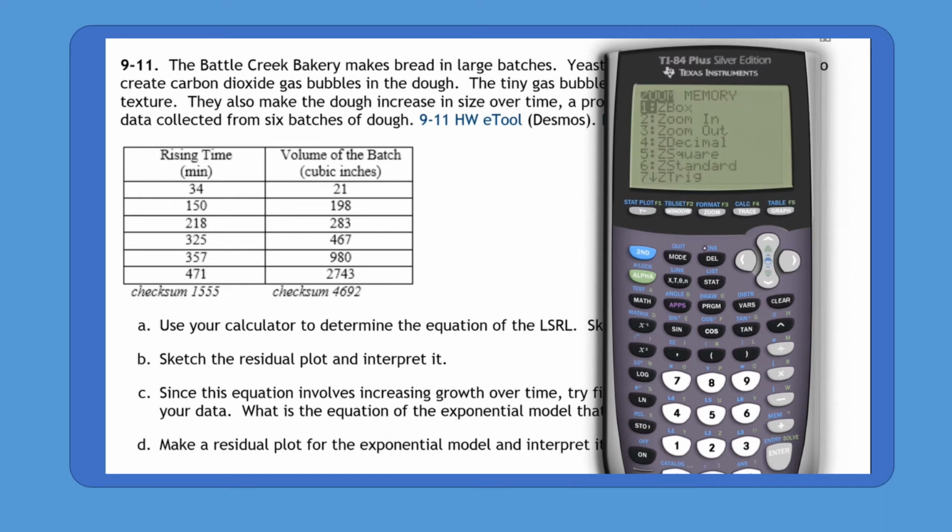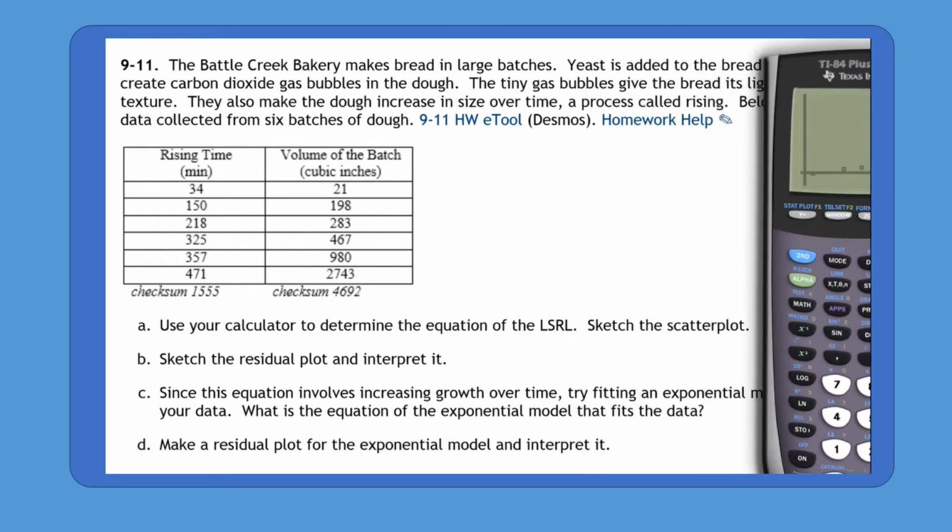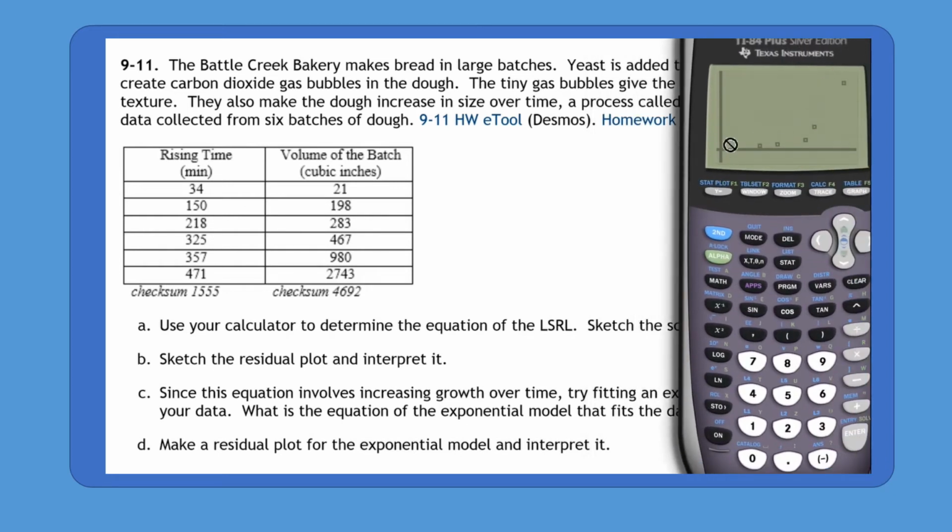So now I'm just going to hit zoom, and it's option number 9, which is zoom stat. This is going to create a nice look for this data collection. There we go. This is a scatter plot, and it says to sketch the scatter plot, so I'm going to cheat. I'm just going to drag this and release it onto the screen.